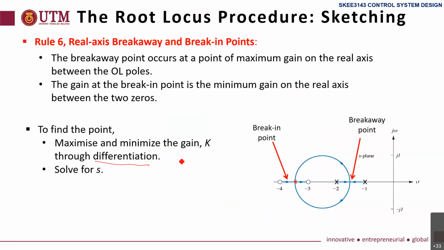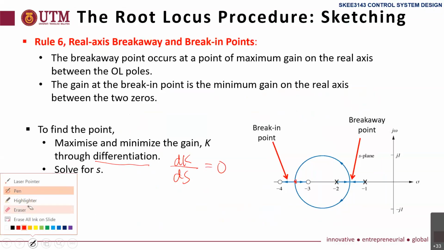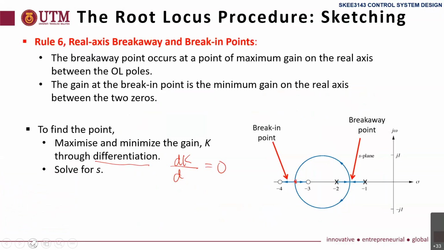We obtain it by taking dK over ds equal to 0, and we solve for dK over ds equal to 0. As we know, K G(s) H(s) equals minus 1. We use this in order to get dK over ds equal to 0. Then we solve for s.